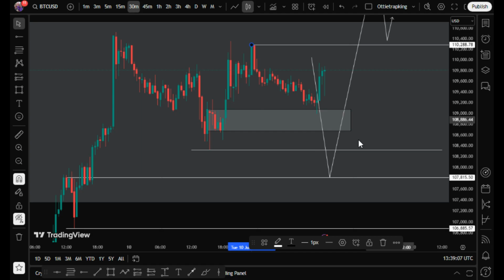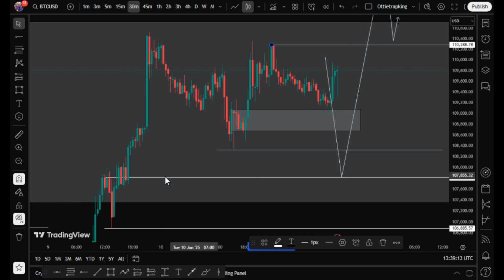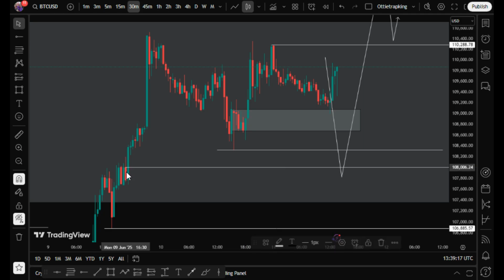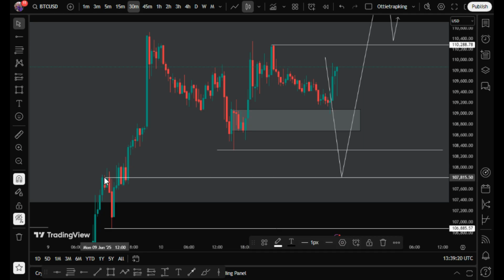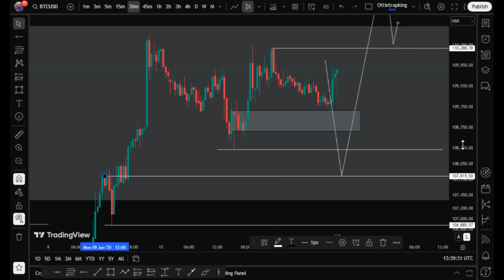So if the market will manage to break at that level, we'll wait and get some more confirmation. But this level here is still untested. This area of liquidity was an inside formation from before, and it was not tested. So I do think that the market might come again and take this level.